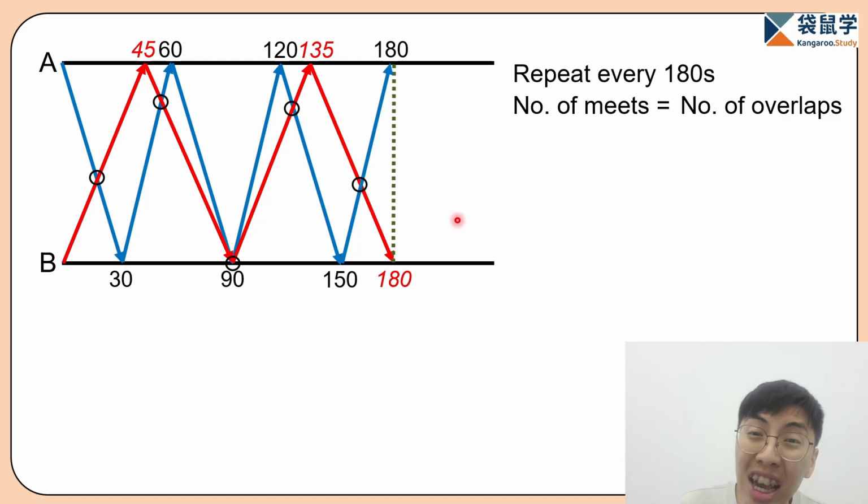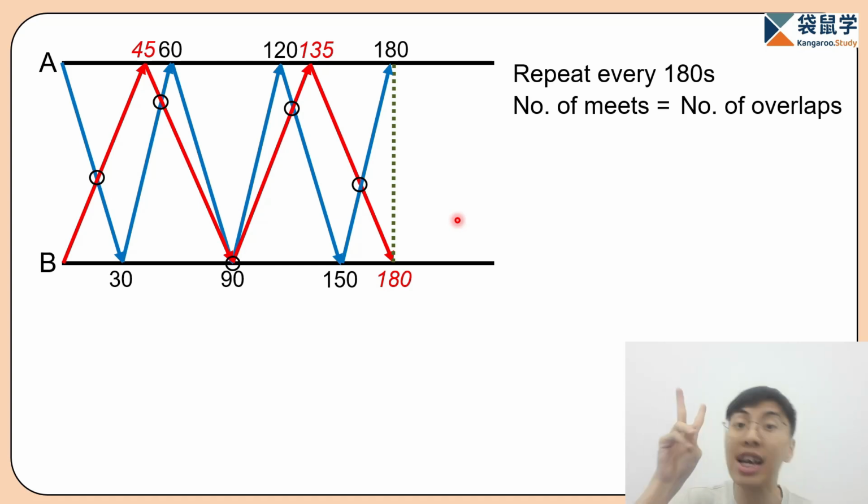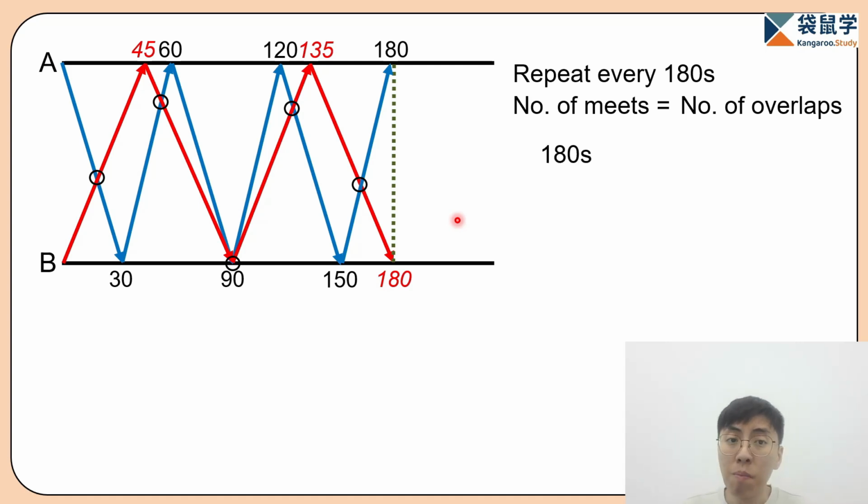And that is why it is very important for us to draw the diagram using two different colors or two different lines such that we are able to see clearly where are the overlaps. So now there being 5 overlaps. In 180 seconds, we have 5 meets.